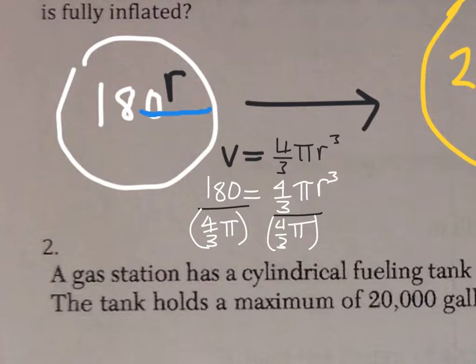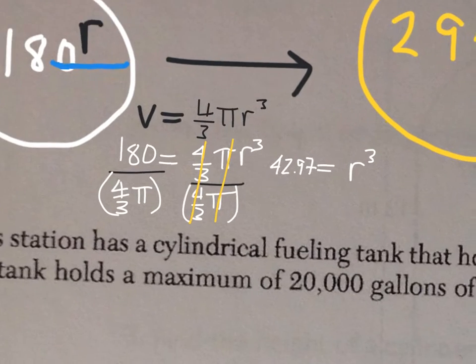On the right-hand side, the 4/3 disappear, the pi's disappear, and the only thing left is r to the third. On the left-hand side, when you divide these, you get about 42.97. So that work gets us really, really close to the final answer.